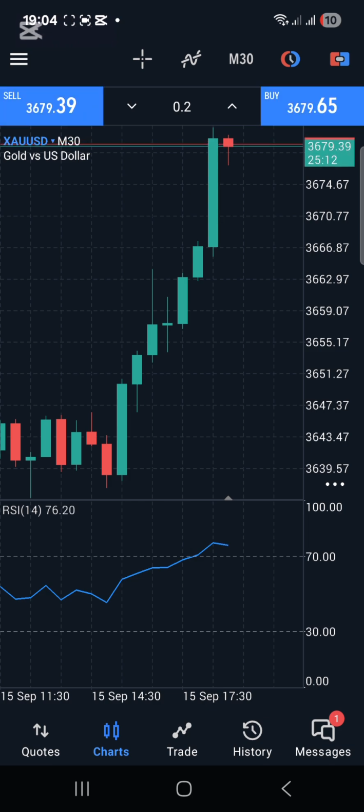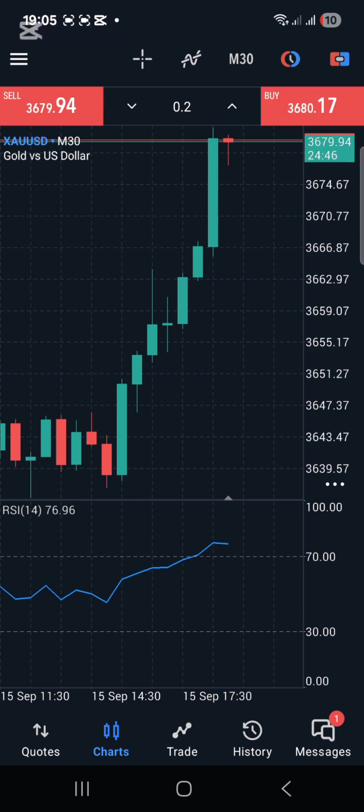Those are the only lines that you're working with, plus the blue zigzag line. So how do you go about it? Or what are the checks that you must check before you enter any trade?